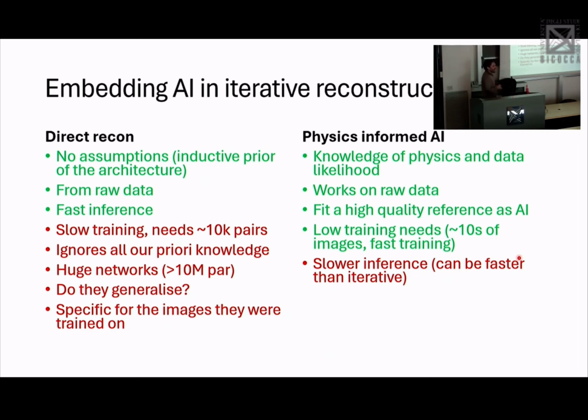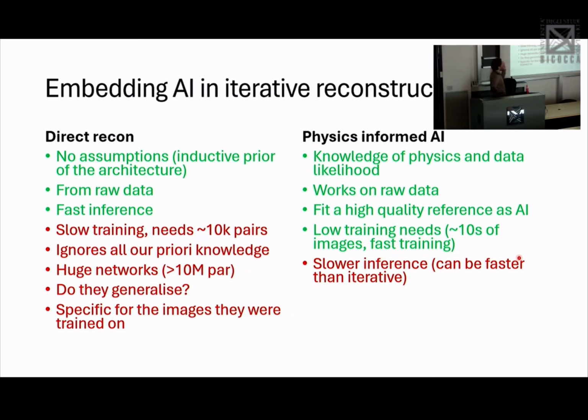When we do a direct reconstruction with artificial intelligence, we need no assumptions whatsoever. We are putting no assumptions whatsoever in our artificial intelligence model. Maybe some solutions will be slightly more likely due to what I was calling before the inductive prior of the architecture.